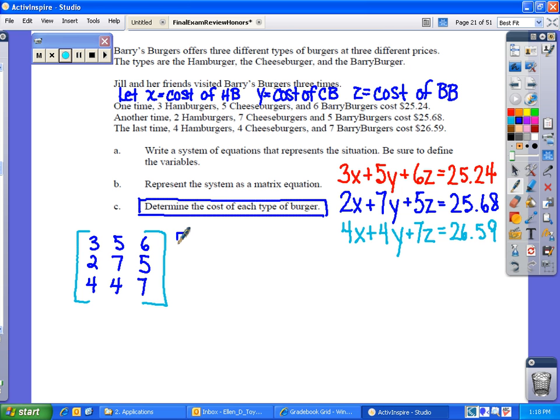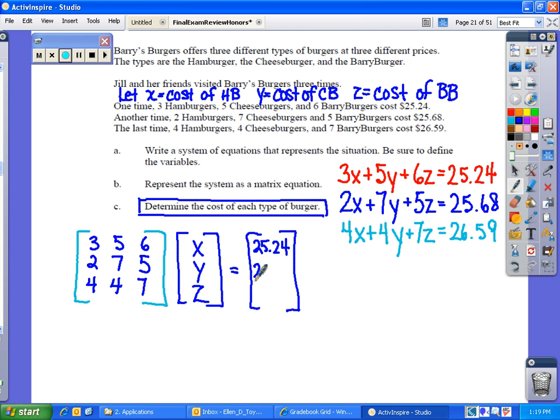These coefficients would need to be multiplied by the variable matrix, which contains the variables x, y, and z. In our last matrix, we're also going to have a 3-by-1 matrix, with the total costs inside.